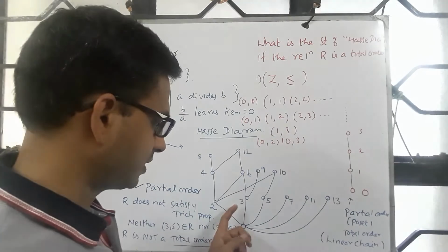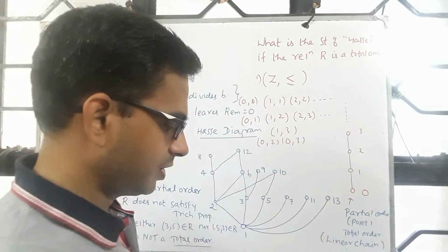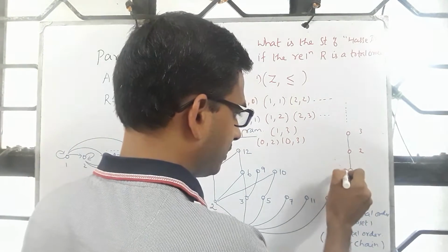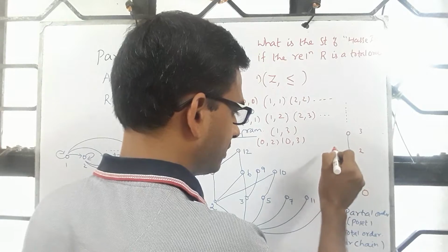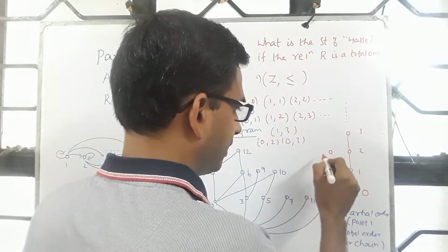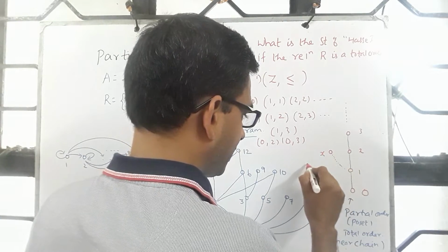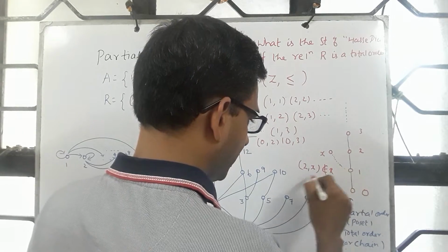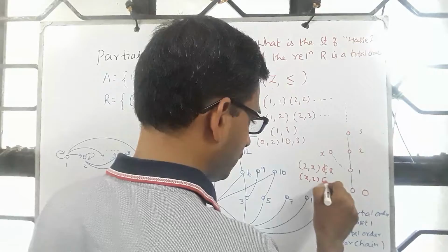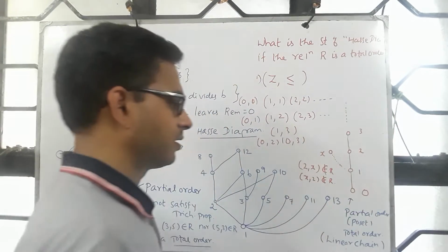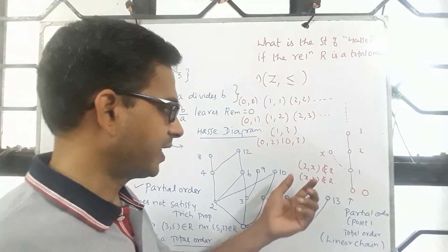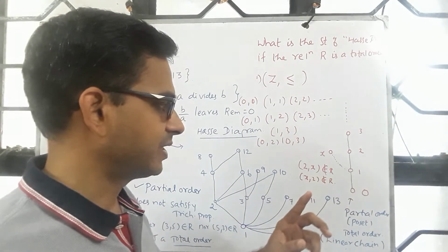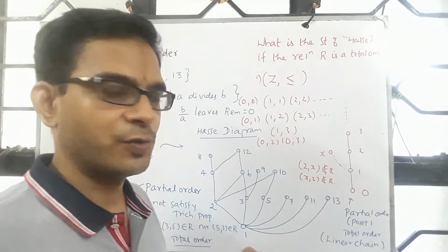Simple reason is, suppose it is not a chain and you see that a branch is coming out from this, then there is an element here, and neither 2x nor x2 belongs to R, which means for this pair there is no relation, then it becomes just a partial order but not a total order.